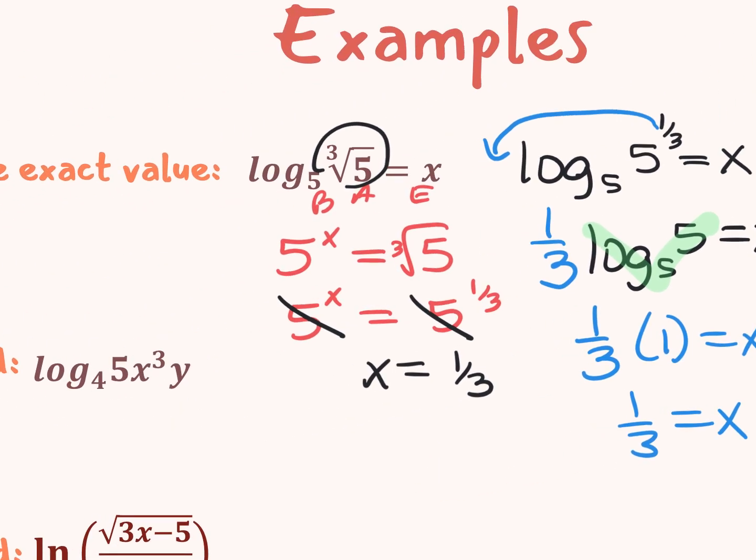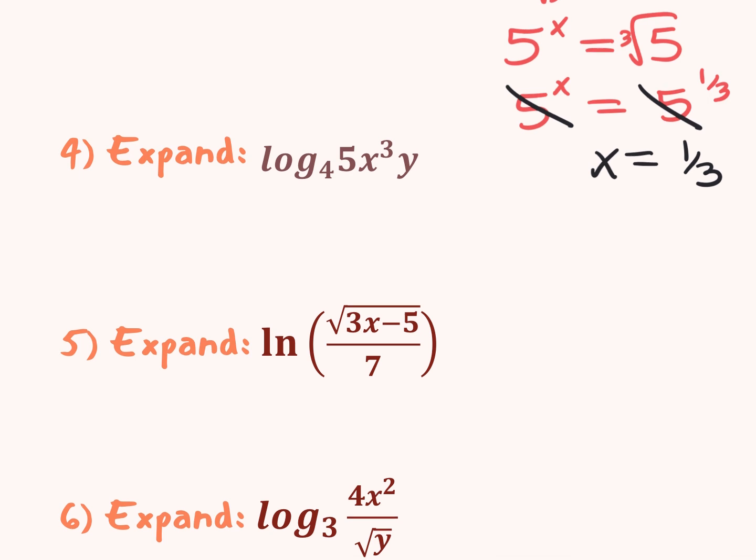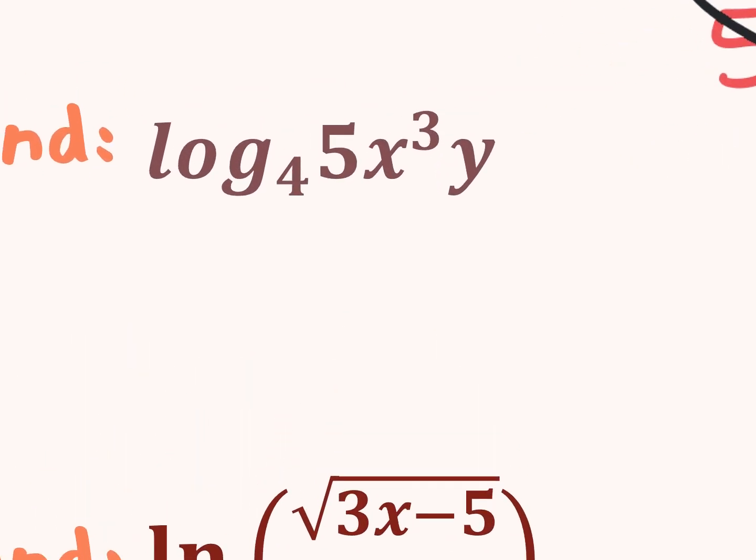The next one wants us to expand the problem. Now, what's happening with the 5, the x cubed, and the y? What operation is being performed on all those? Multiplication. So when we go to expand it, I'm going to have some plus signs because that's what the product property says to do.